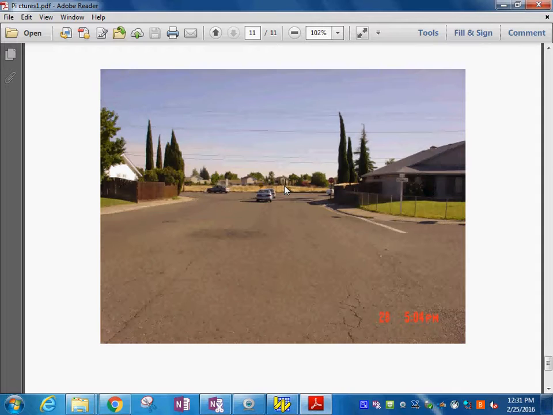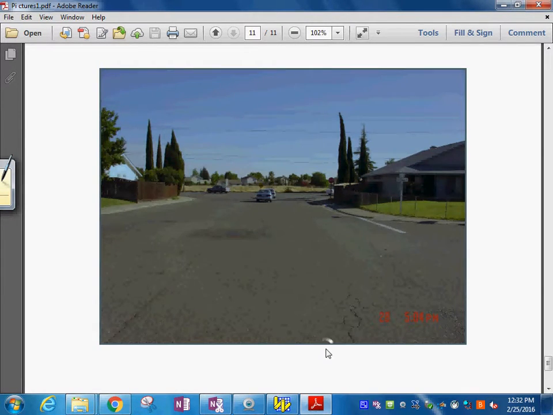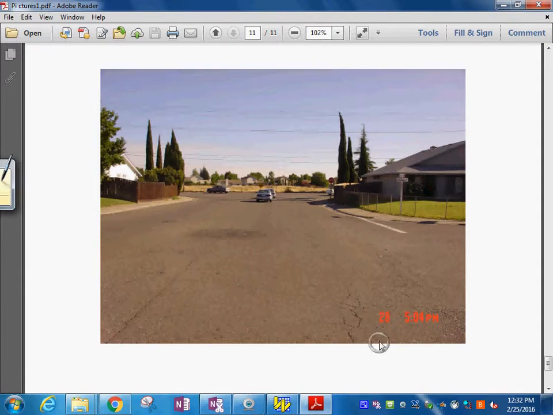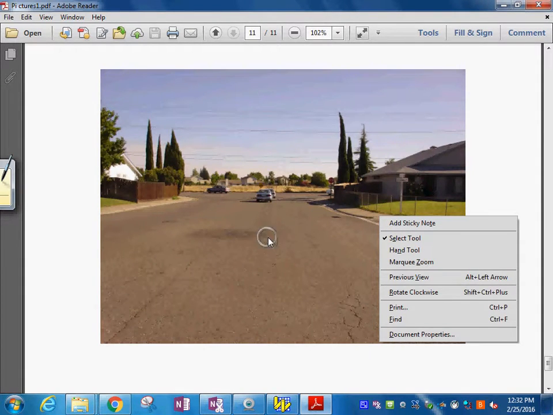See, if one car is this way and is turning left like this car is doing, then it follows that the other one needs to be on the perpendicular street going either this way or this way.